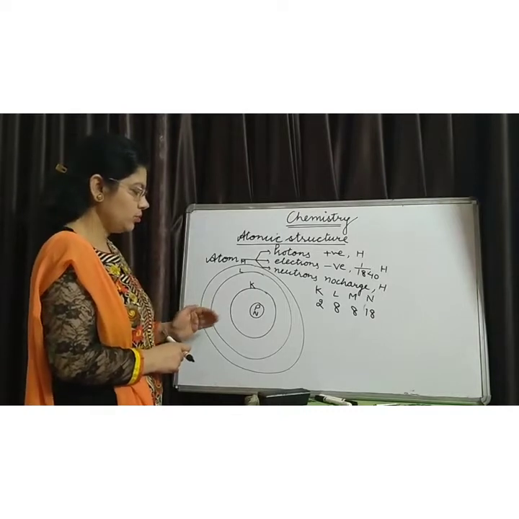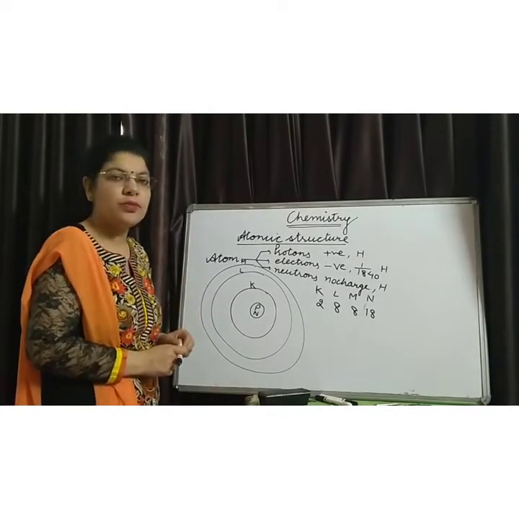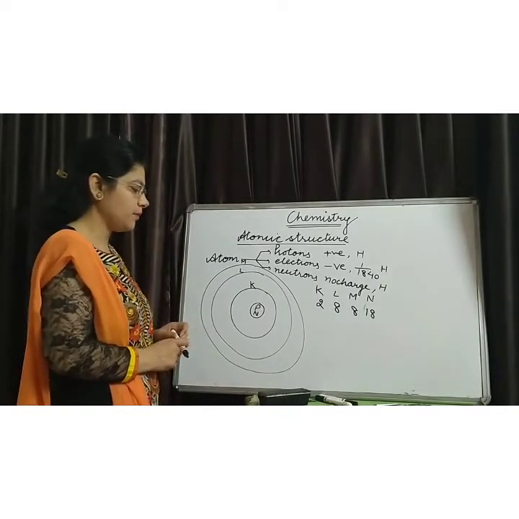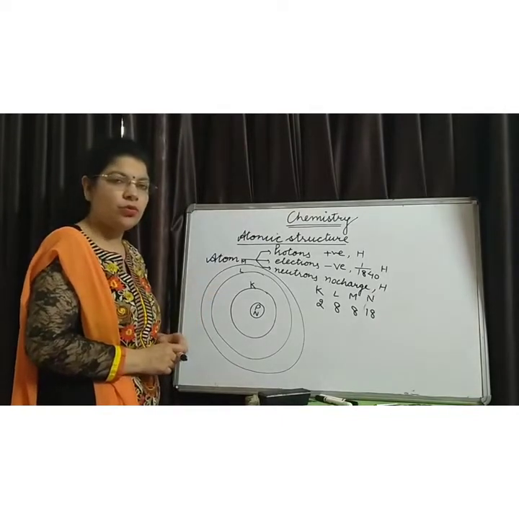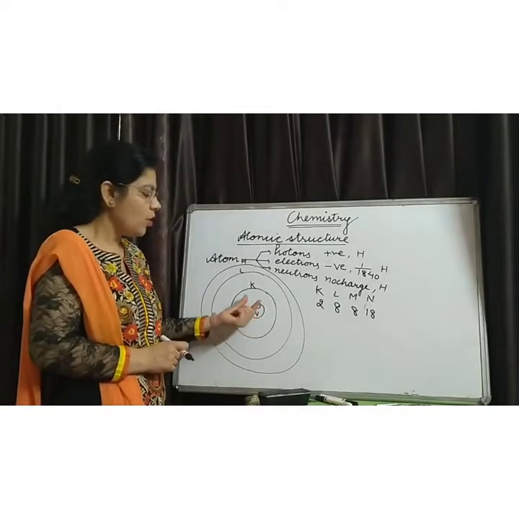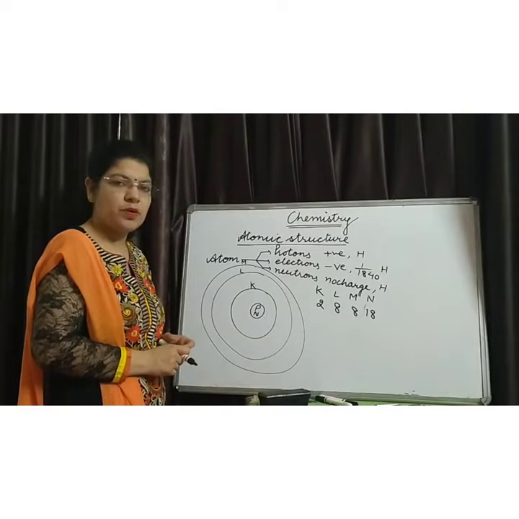So, this is the basic concept of atomic structure according to Bohr's model of the atom. According to Bohr's model, the atom is divided into 2 parts. The central part is known as the nucleus, in which all the positive charge as well as all the mass of the atom is present.